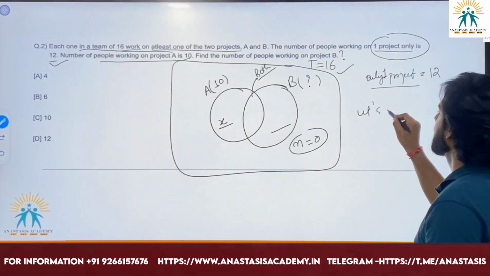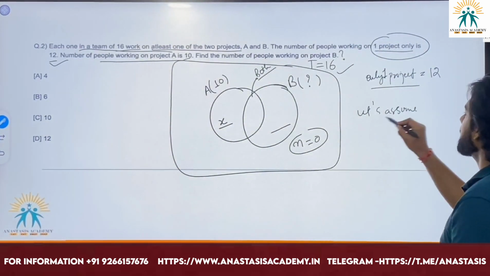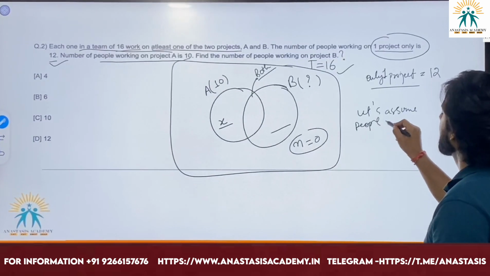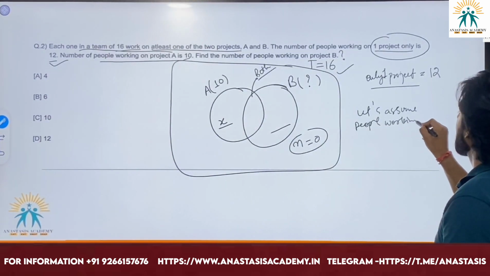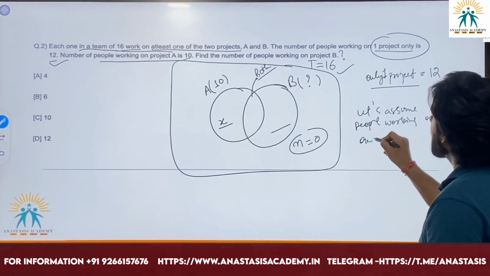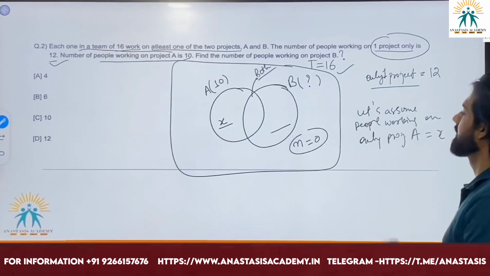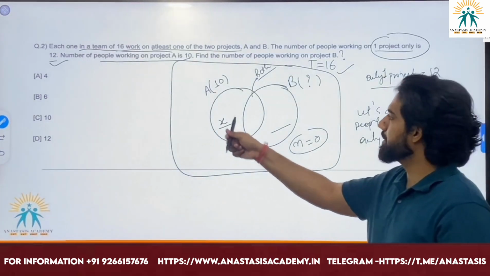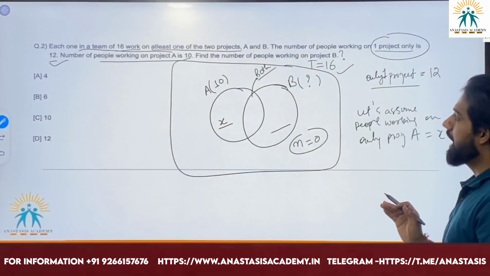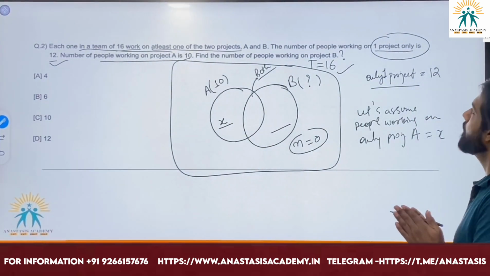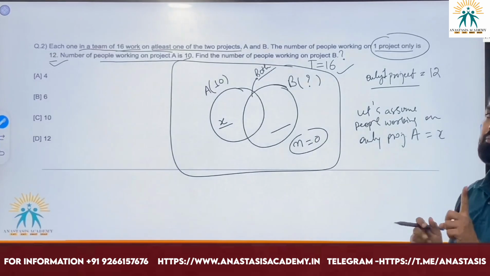So let's assume the people working on only project A is X. I am assuming there are X people who work only on A, and there are a total of 12 people who are working on only one project.